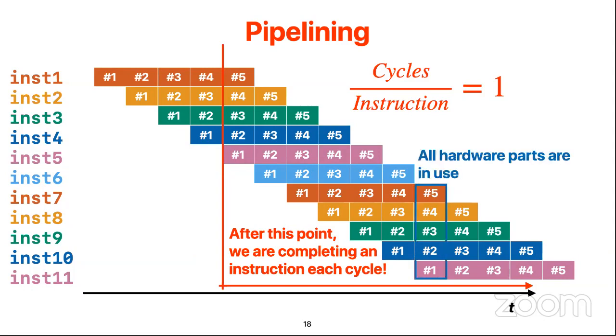And another thing is that your hardware units are all in use at this point. So in this way, a perfect pipelining would maintain the same CPI as a single cycle processor, but keep all your hardware parts busy. That's the good thing about pipelining.